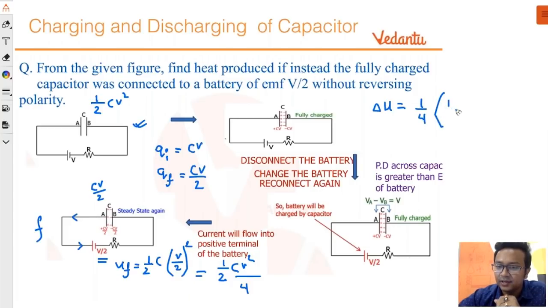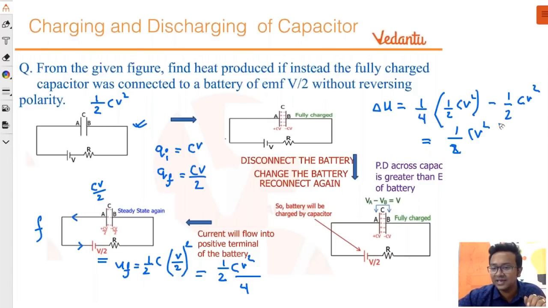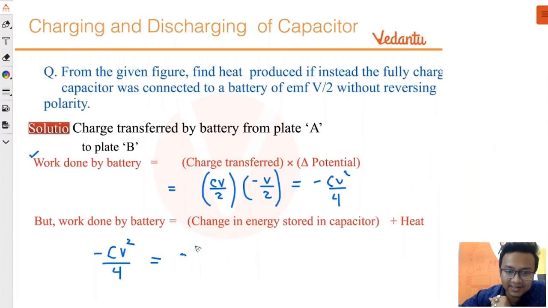Minus half CV square, that is my initial. So half CV square is common, and 1 by 4 minus 1 is minus 3 by 4. Clear, students? So that's minus 3 by 4 CV square.